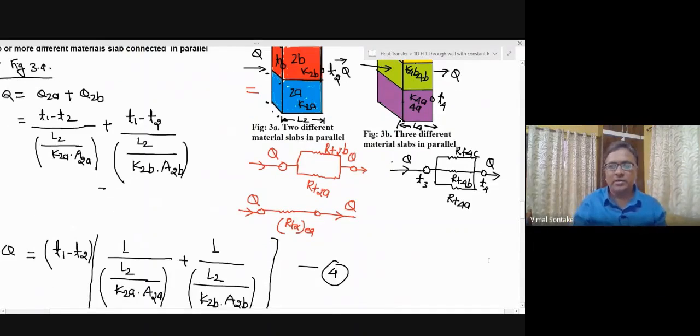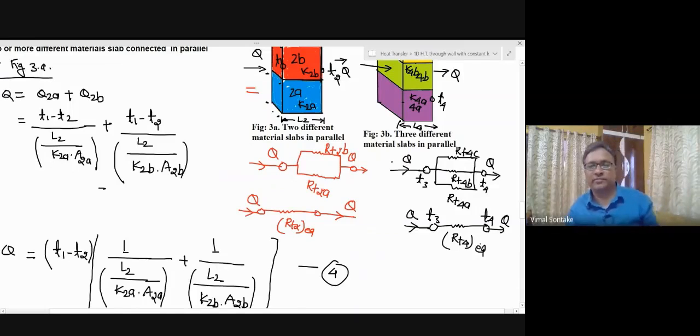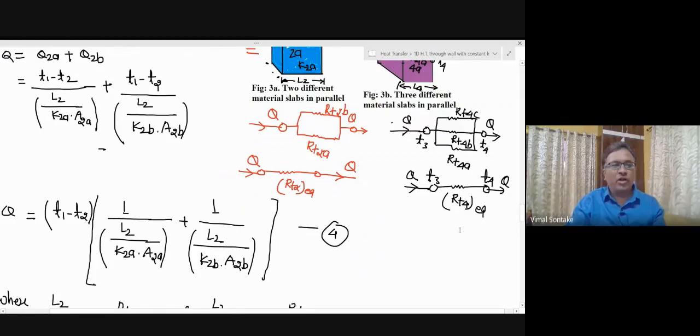Now considering the equivalent circuit of this wall 4, I can draw the equivalent electrical circuit between the temperature limits T3 and T4 as RT4 equivalent. Okay. Now, how can I find out this RT4 equivalent?